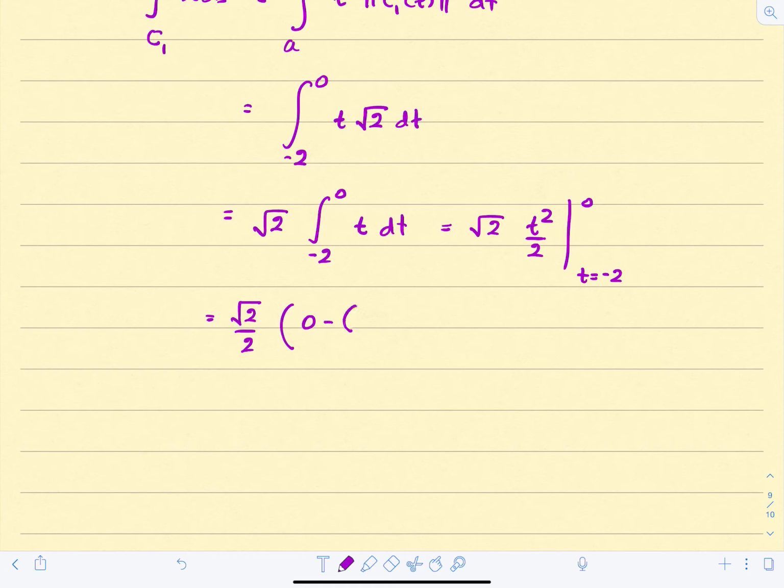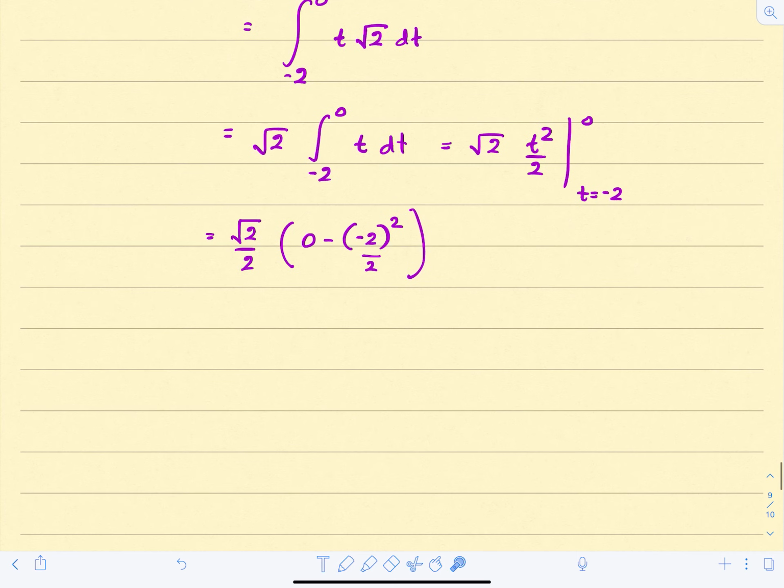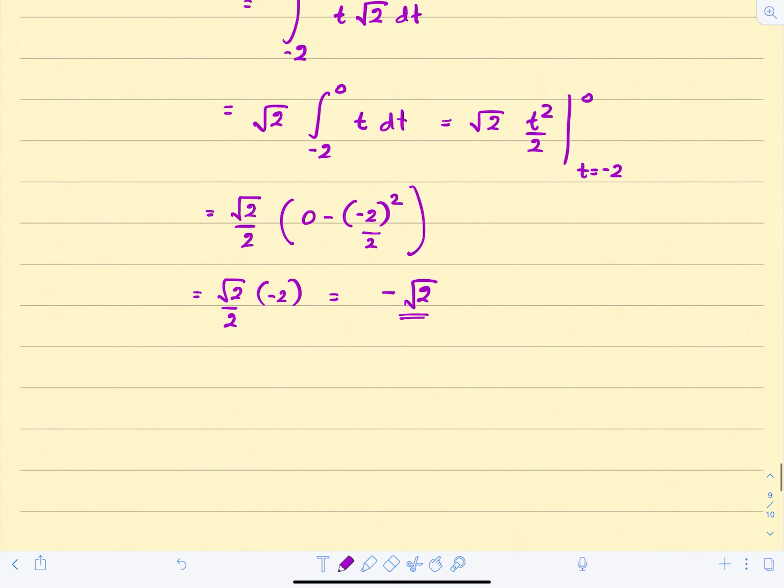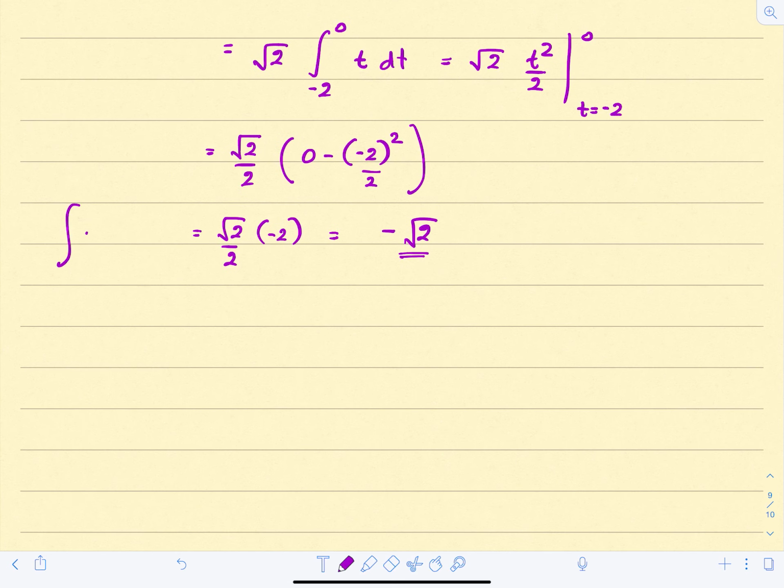And this lower limit equals negative 2 squared over 2. Negative 2 squared is positive 4. Positive 4 times this negative becomes negative 4. Negative 4 over 2 is negative 2. This answer becomes minus root 2. Okay, so this is the value of the first line integral.